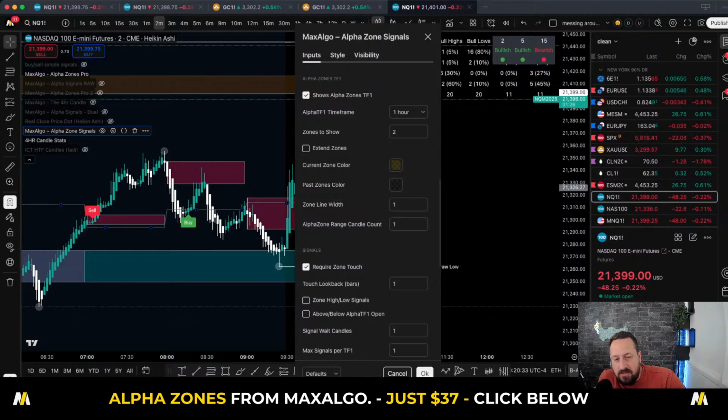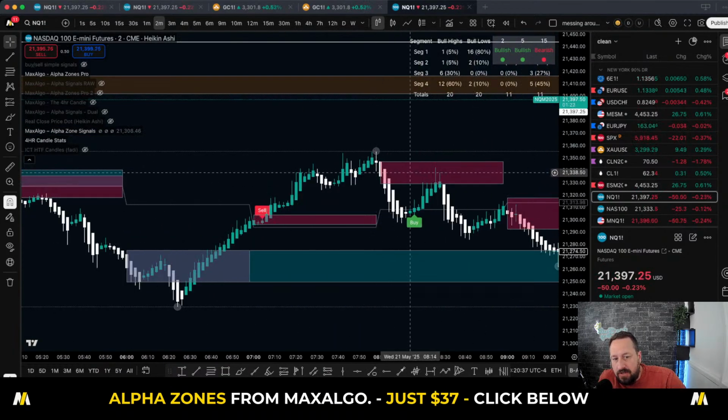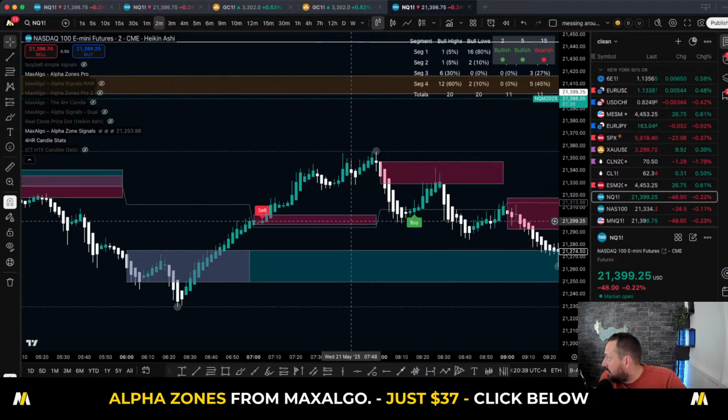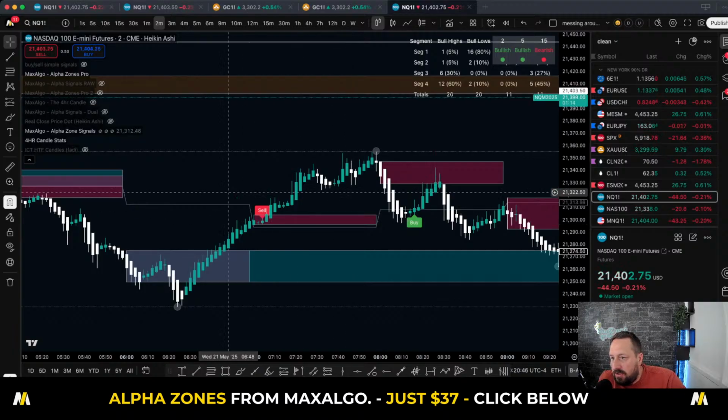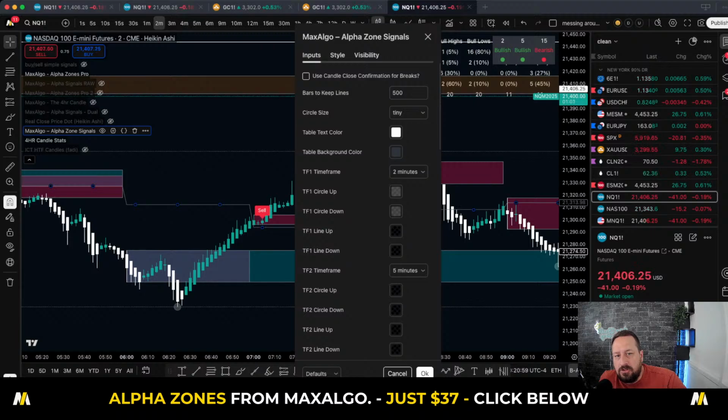In this hour here, this is our current hour and this is our previous hour. You sure they've not got alpha boxes on? Because that's the signal zone. You need to be using alpha zone signals, specifically the signals indicator. And do your settings look like this? They should look like this.